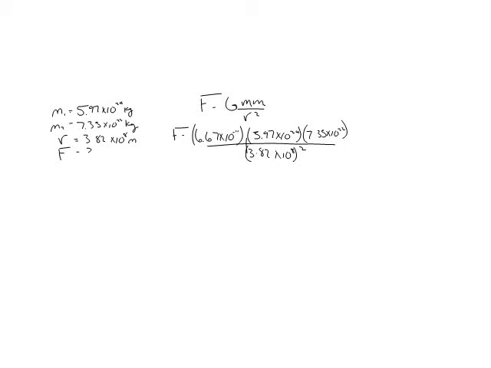Make sure you use parentheses. The way I've written it out here, you can do that pretty easily. 7.35 to the 22 divided by 3.82 to the 8 squared.